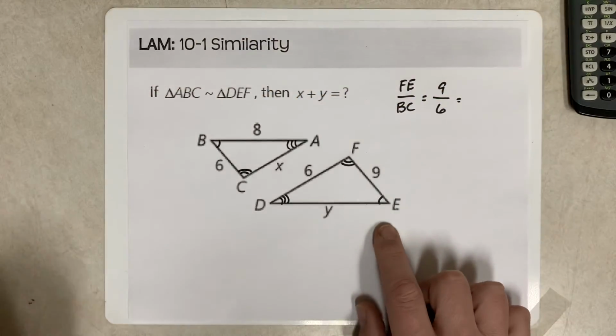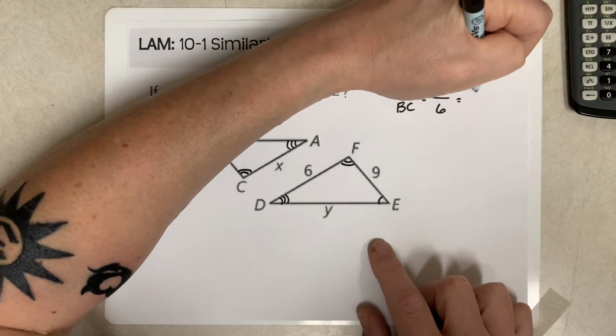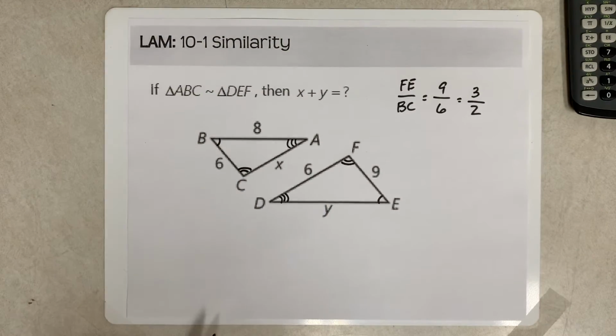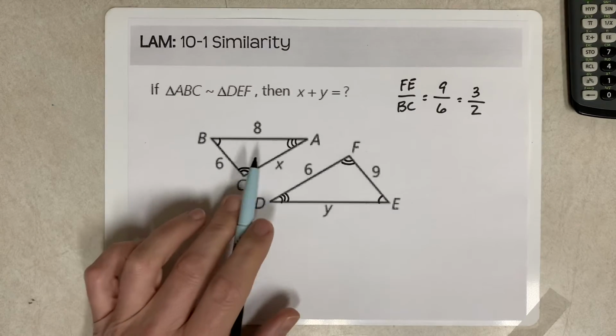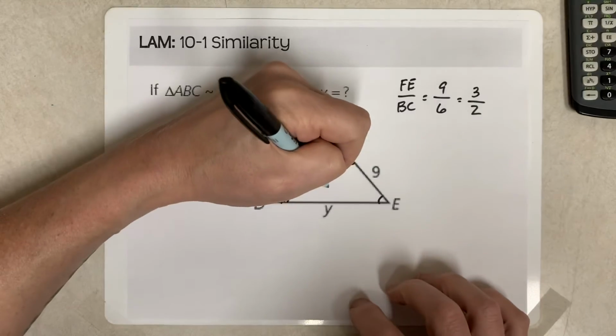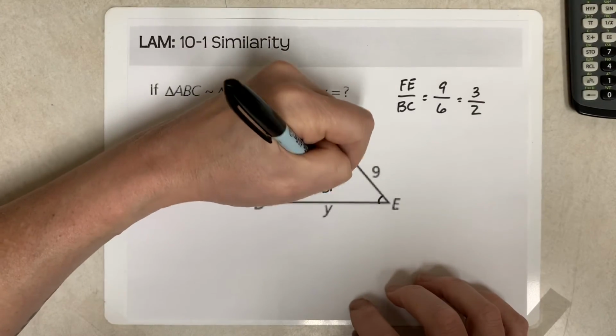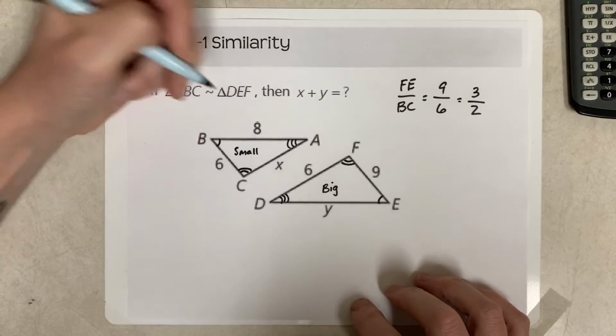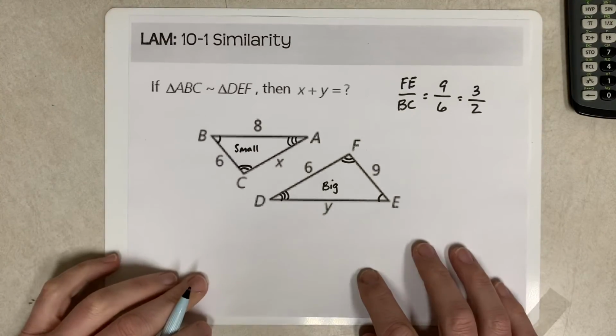And if you divide those both by 3, you get 3/2. So to go from the bigger to the smaller, then you have to multiply by 2/3. To go from smaller to bigger, you multiply by 3/2. So this one's the bigger, so I'm gonna write big, and this one's smaller, small.